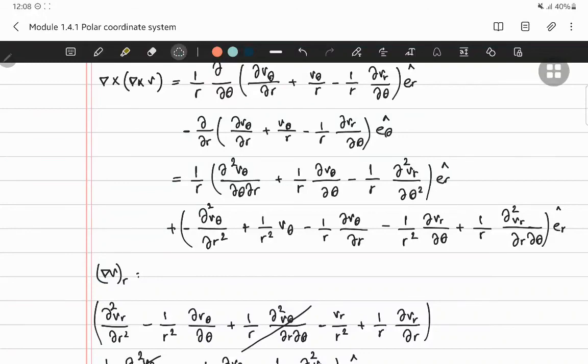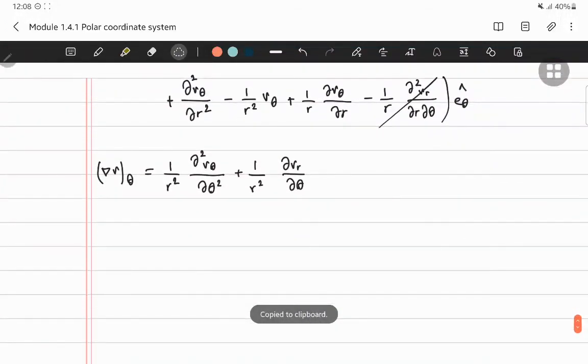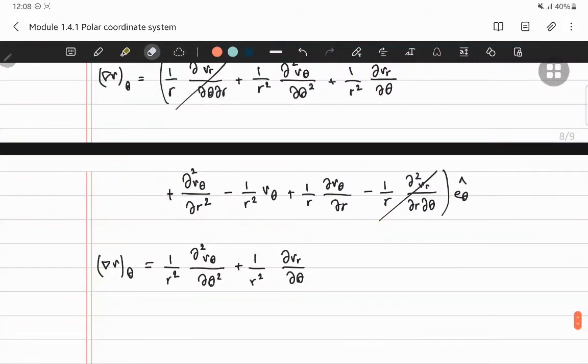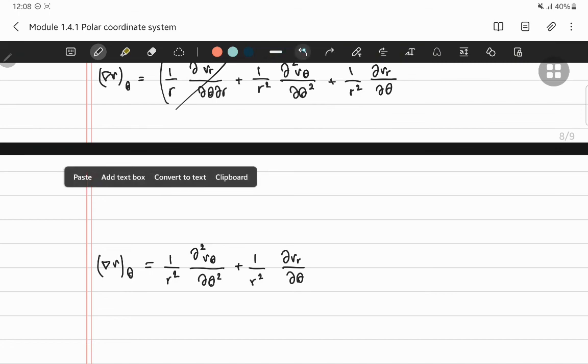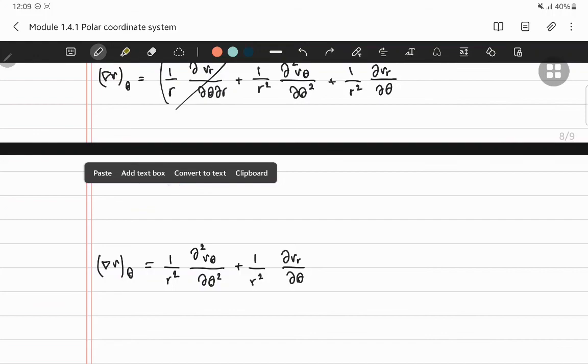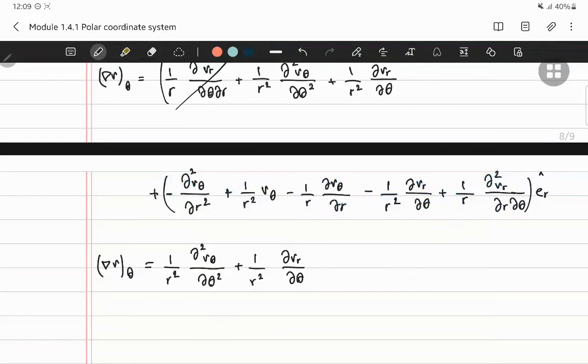So now I have this one. So I copy this and I paste it here. Right, great.